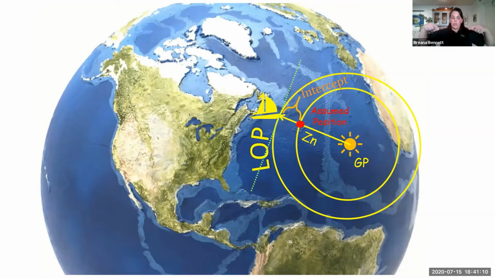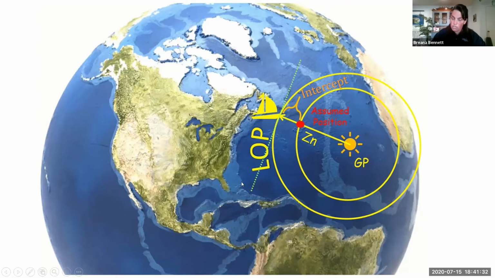So it's a straight line that is perpendicular to our bearing, or that azimuth. So that Zn is that azimuth that we are finding. And if we draw a line perpendicular to it, that's going to be our LOP, or our circle of equal altitude.